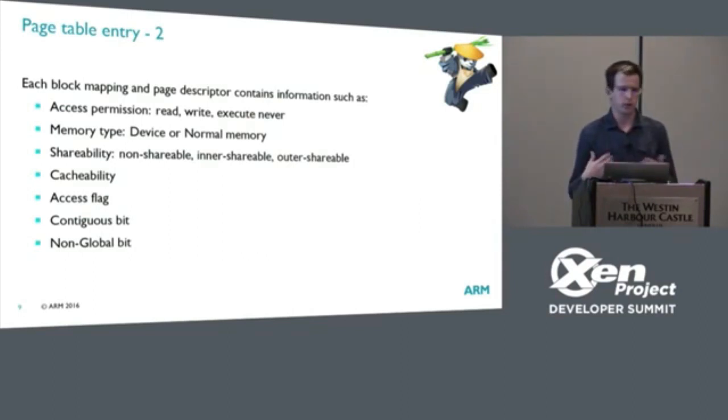Normal memory is, for instance, RAM. You can also specify the shareability: non-shareable, inner shareable, and outer shareable. Cacheability, so if you want the cache to be used, write-through, write-back. Access flag, contiguous bit, and non-global bit. I will explain a bit later about the contiguous bit and non-global bit.